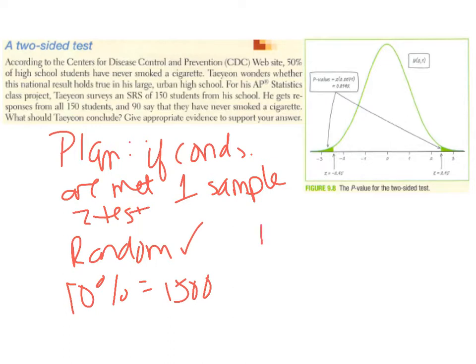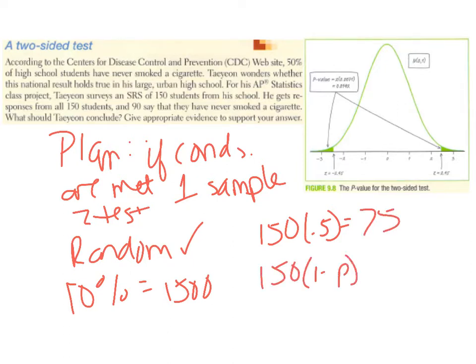So it's my sample size times my null hypothesis probabilities, and for 1 minus p it's the same thing, 150 times 0.5. Both of those are greater than 10, so I can do normal calculations.